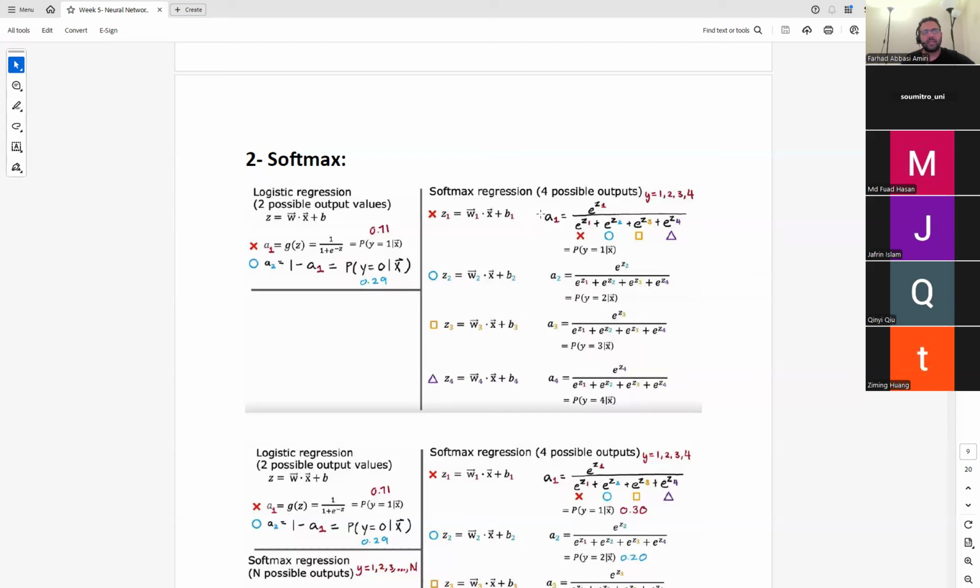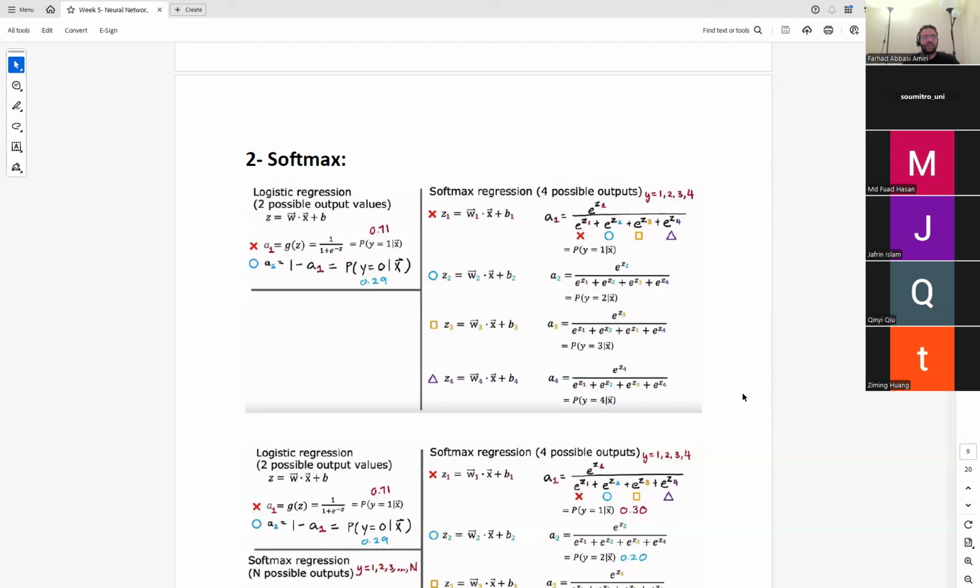And then this activation value, a subscript 1, shows the probability of y equal to 1 with this given input x. And for A2, the activation value for the second class, in the numerator of this fraction, instead of exponential of z1, we have z2 because we are dealing with the second class, and then the same denominator. This fraction shows the probability of y being 2. The same thing for the probability of y being 3 and 4.